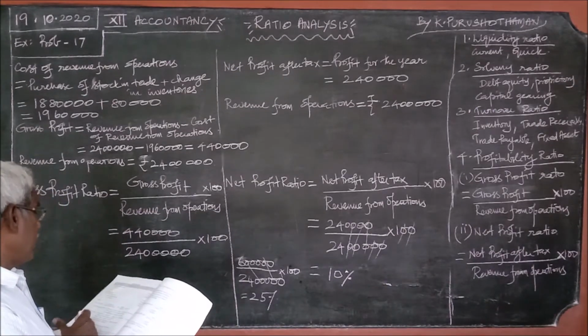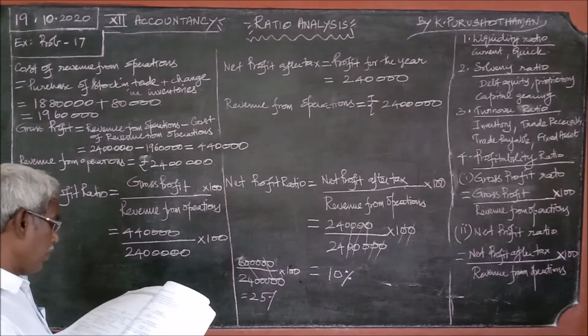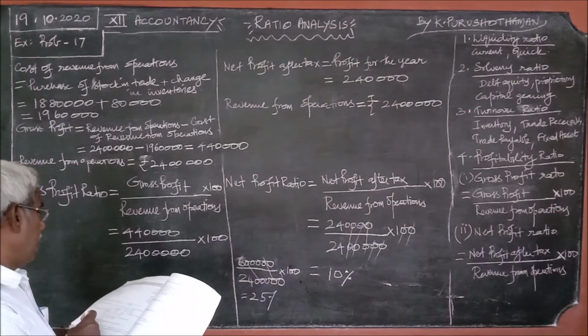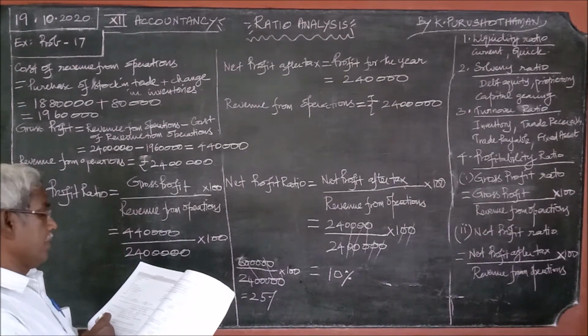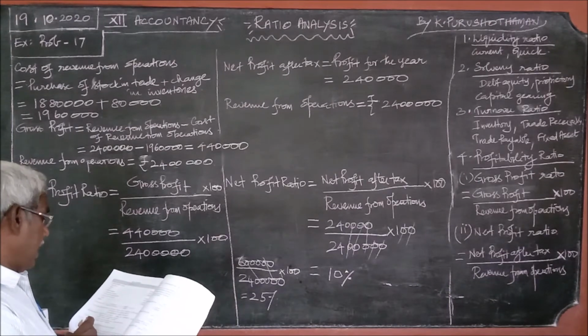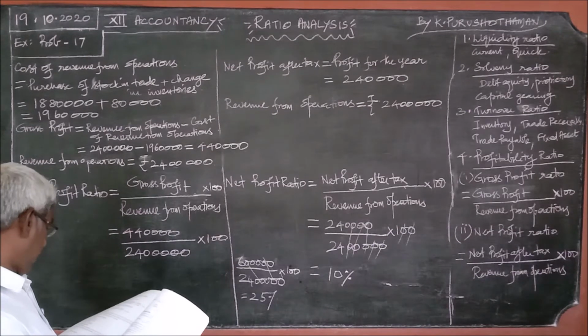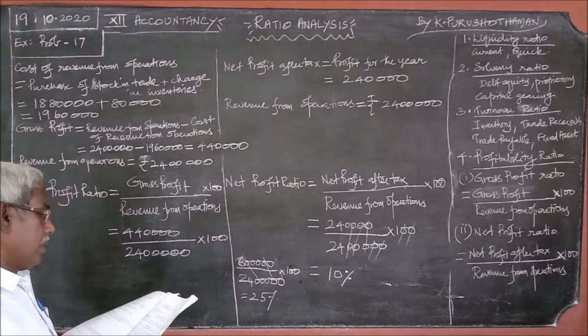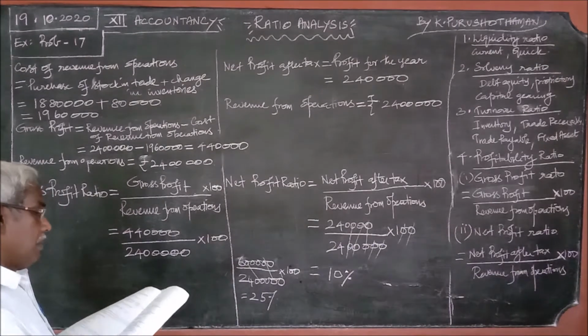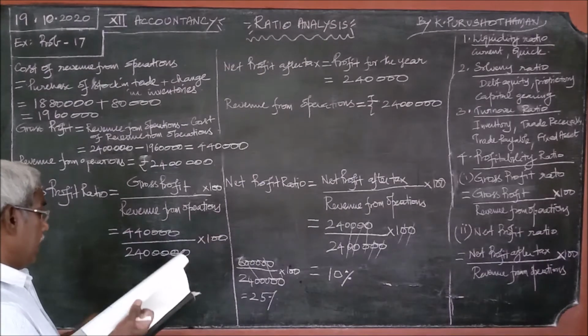Administrative expenses and selling and distribution expenses are not included for this. But wages can be taken into account.